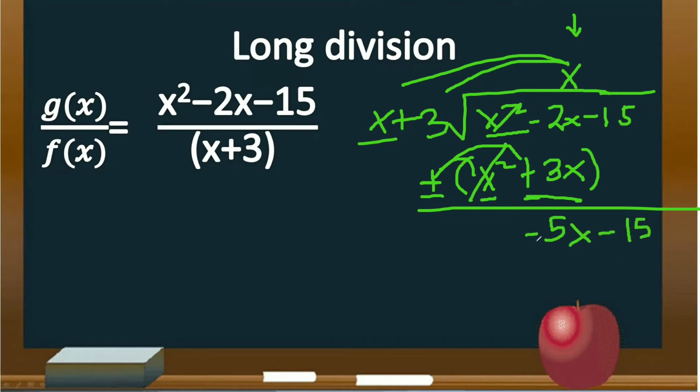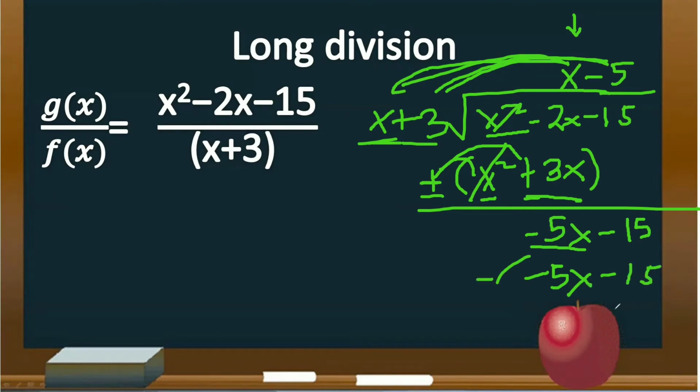Let's just repeat the process. Negative 5x divided by x, that's negative 5. Negative 5 will be multiplied to the divisor. So we have negative 5 times x, that's negative 5x. Negative 5 times positive 3, that's negative 15. And then subtract.